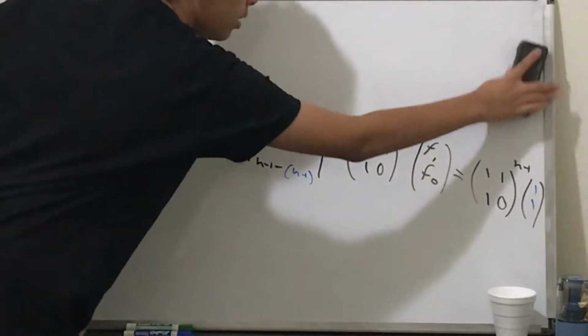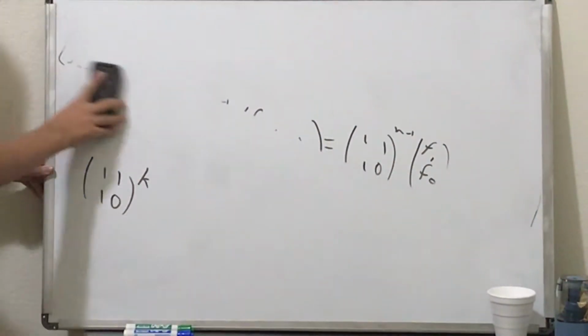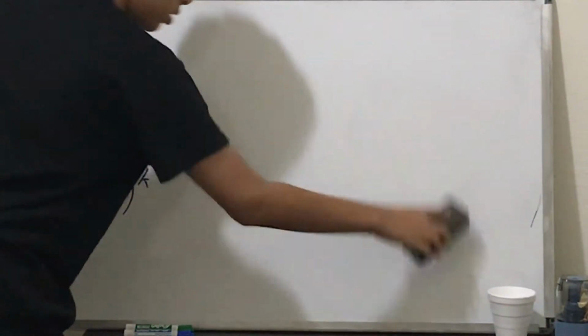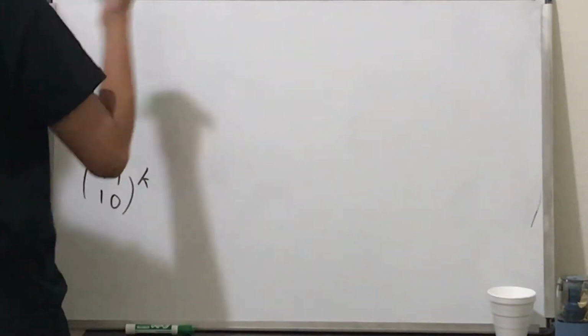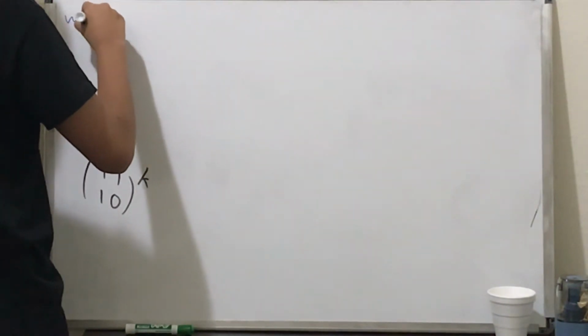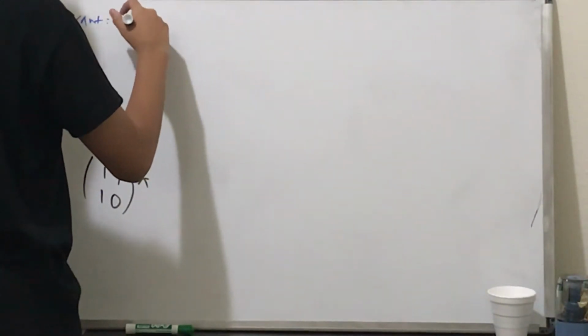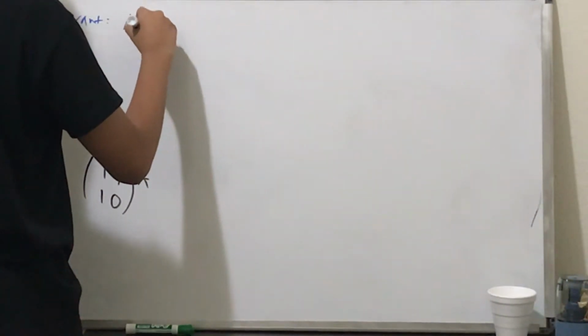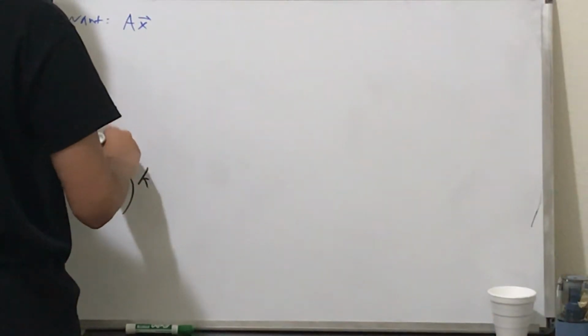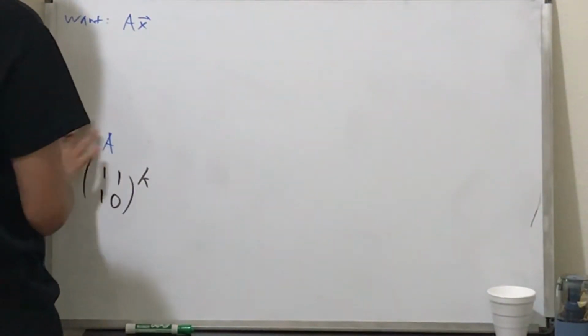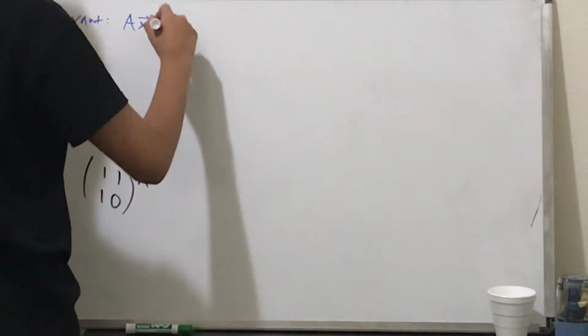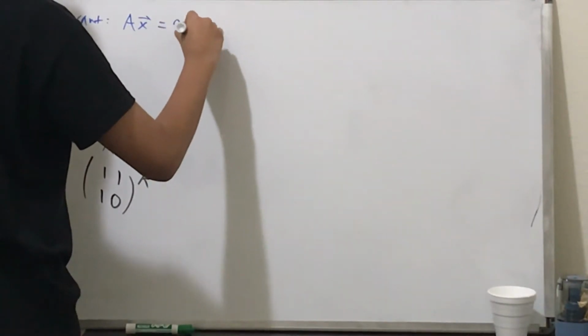So, let's go ahead and try and figure out 1, 1, 1, 0 to the k. What we want is some x such that A of x, this is our A to the kth power right here, A of x is equal to lambda x.